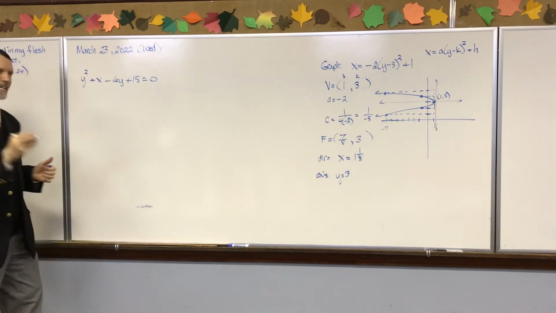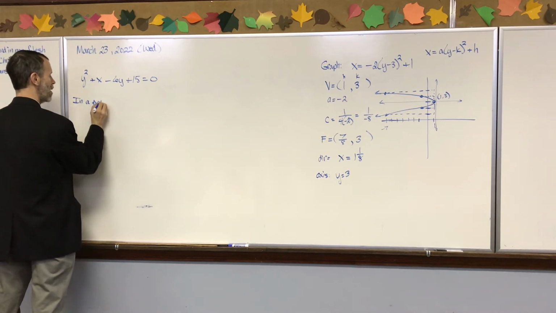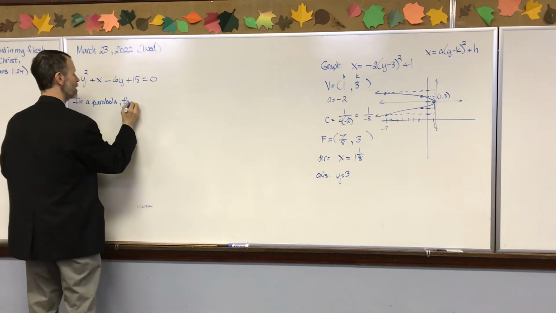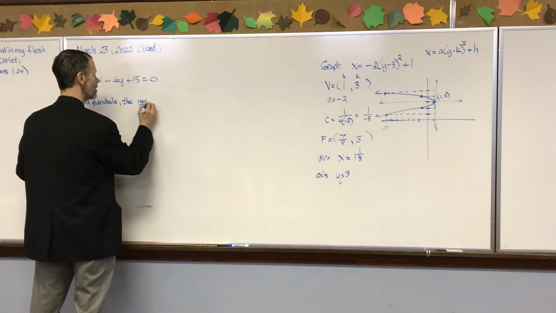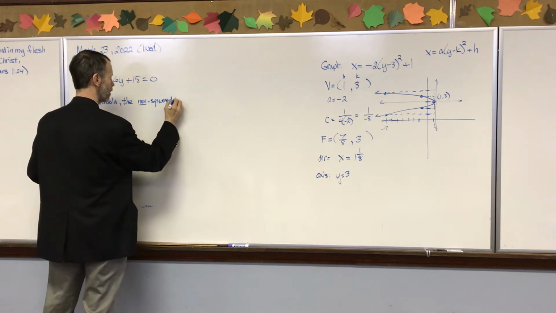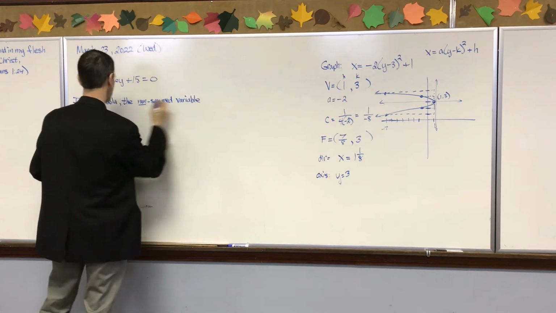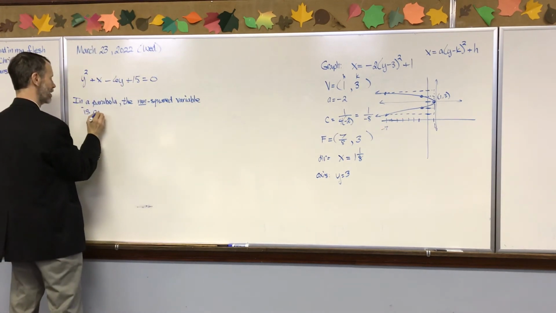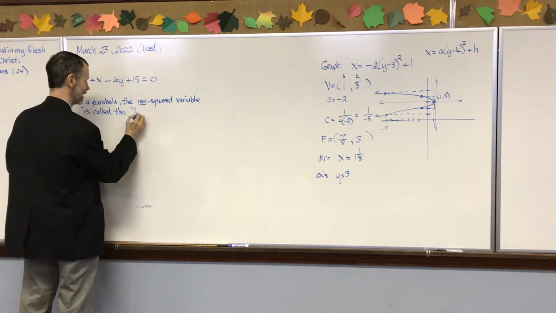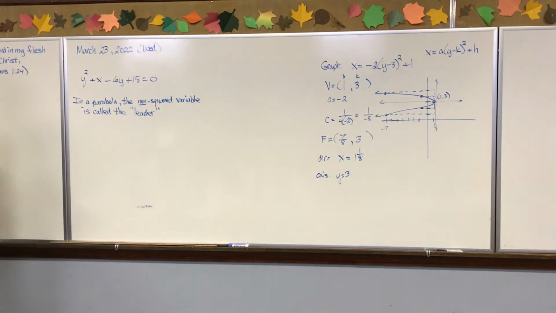In other words, go ahead and write this down. In a parabola, the non-squared variable, the one that's never squared, is called the leader.